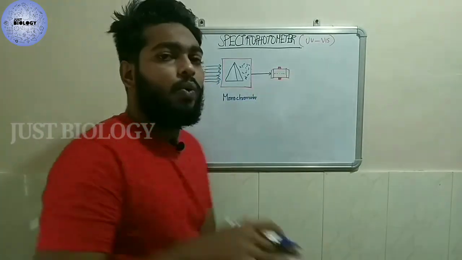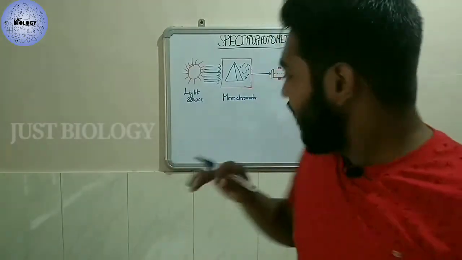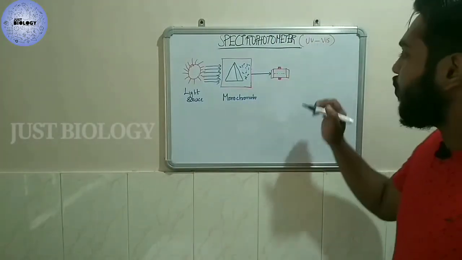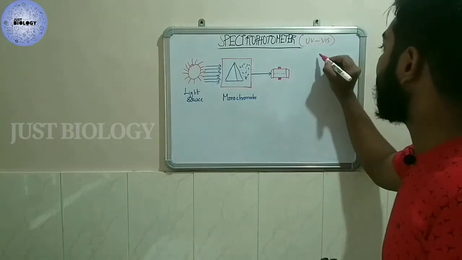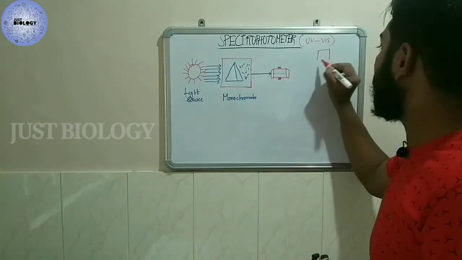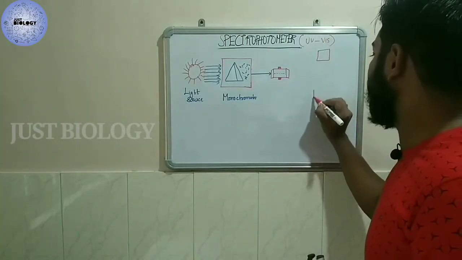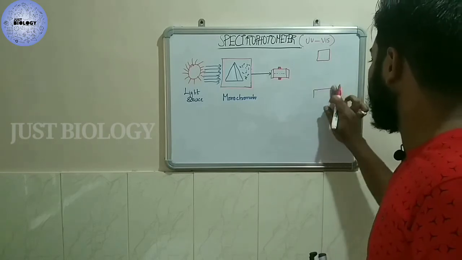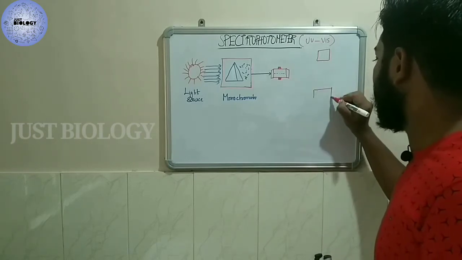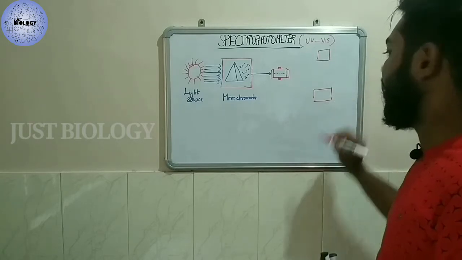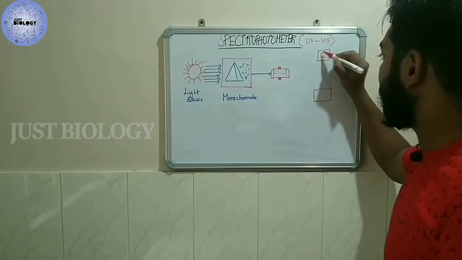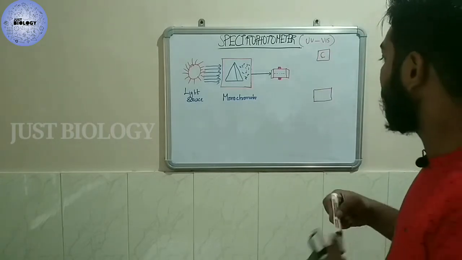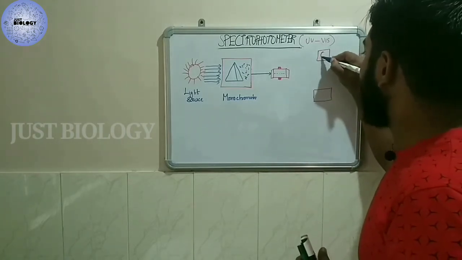Beam separator will align the lights inside, and we have the chambers, like you can see two chambers, actually two holders, which you can see in the spec machine. One is for the control and the other is for the sample.